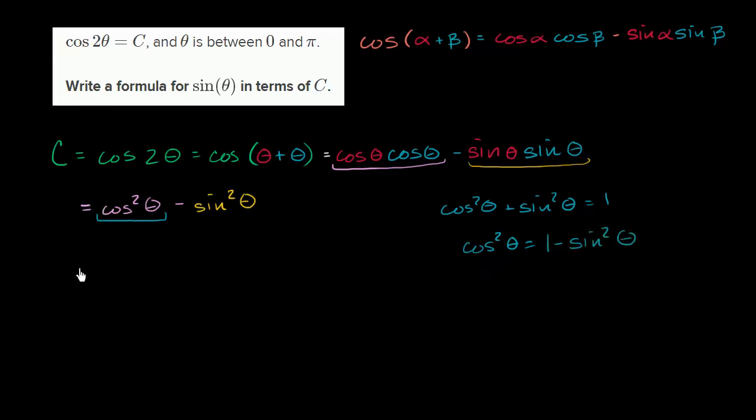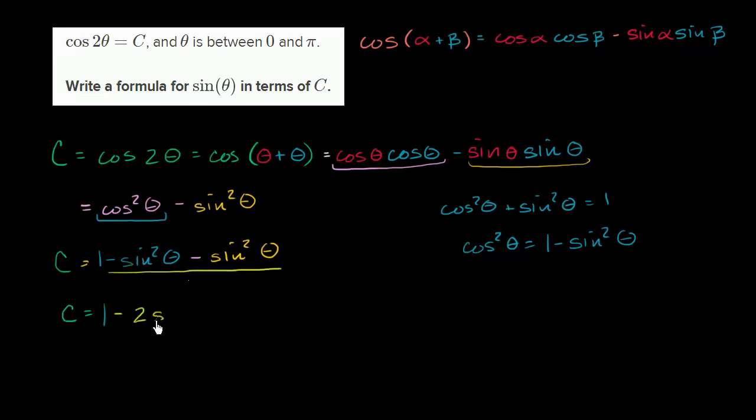So let me rewrite this as 1 minus sine squared theta. And then, of course, we have minus this yellow sine squared theta. And all of this is equal to c. Or we could get that c is equal to 1 minus 2 sine squared theta.